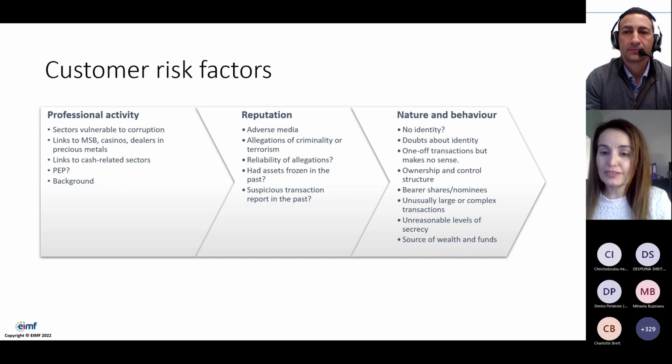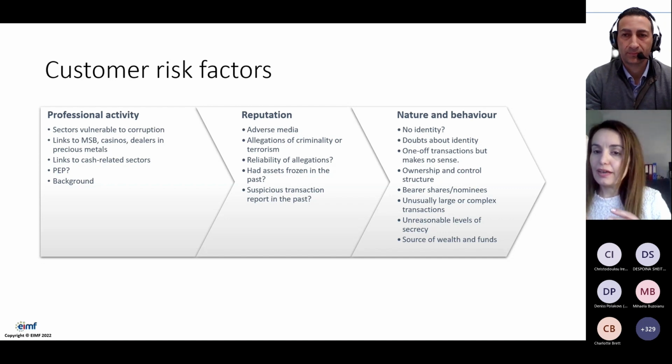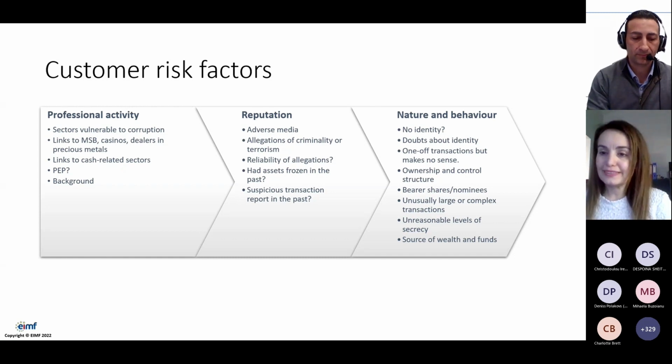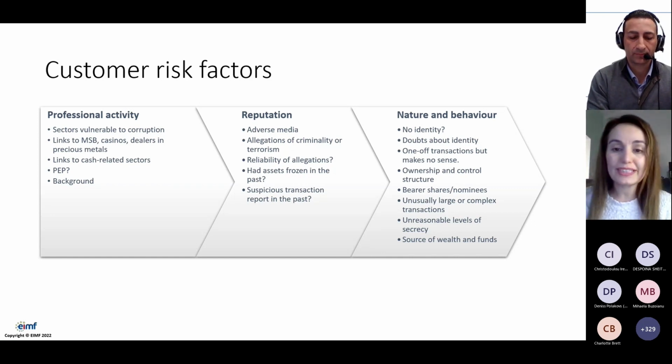All these types of activities are, let's say, very attractive to criminals. So we want to be able to identify whether our customer has links to these sectors. That's why the questions will be very carefully designed, so that they give us answers which we will use to perform the risk assessment.